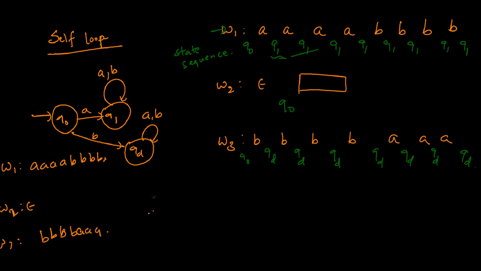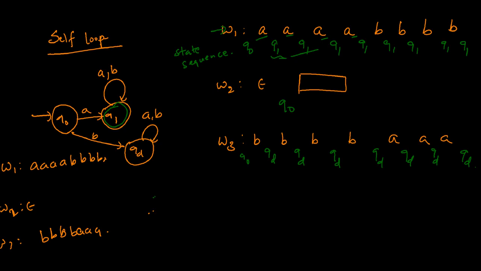In this example, we are having 1, 2, 3, 4 A's, but you can have as many as you like. Q1 will keep on repeating if Q1 is the final state. It means that those many strings are part of the language.